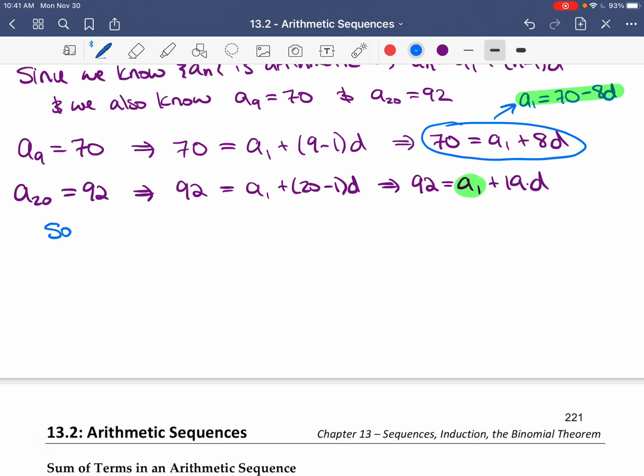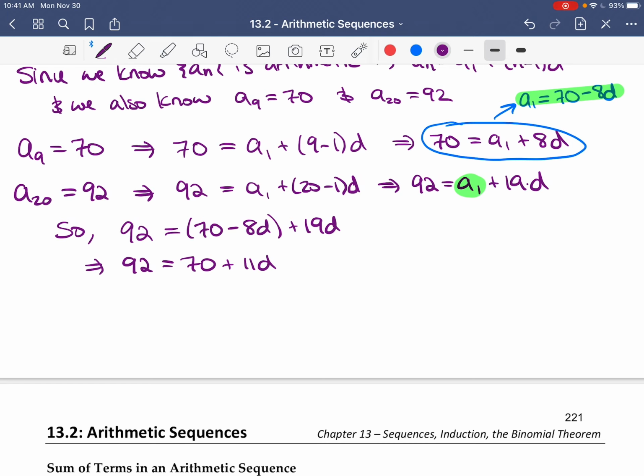So 92 is 70 minus 8d plus 19d. That means 92 is 70 plus 11d, since negative 8d plus 19d is positive 11d.